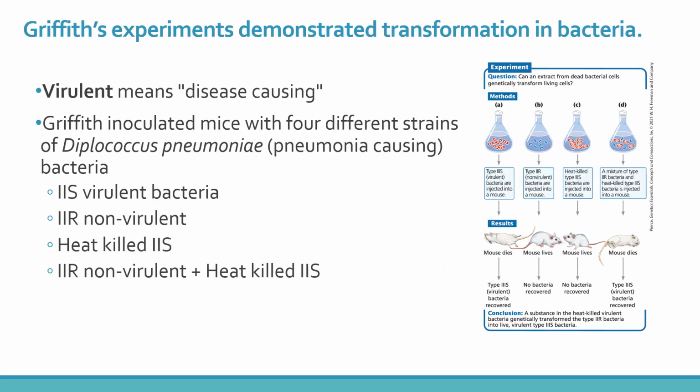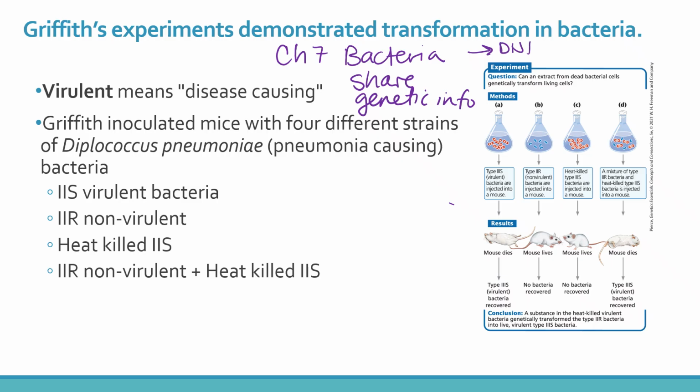For Griffith's experiment, I'd like you to think about the process of transformation. We talked about transformation in chapter 7 as one of the ways that bacteria share genetic information. And remember that we said that transformation is the uptake of DNA from the environment.